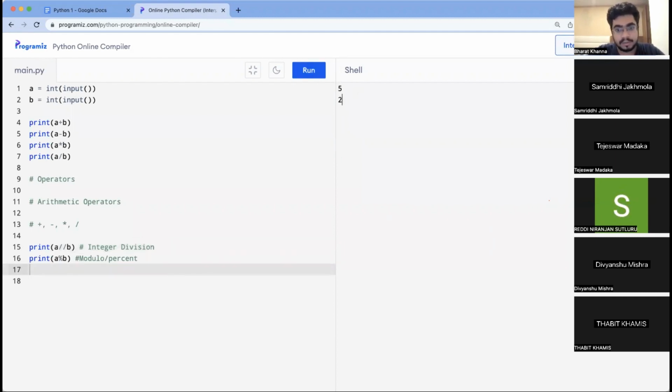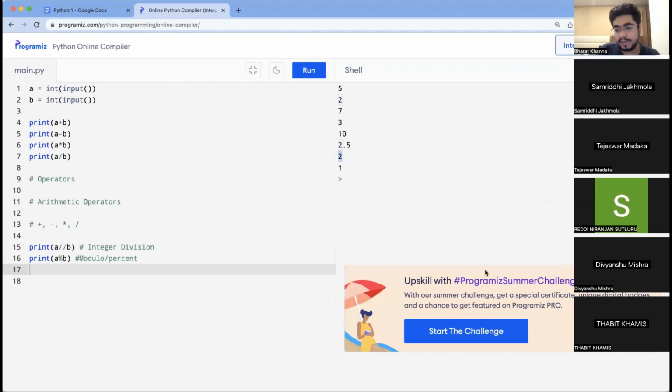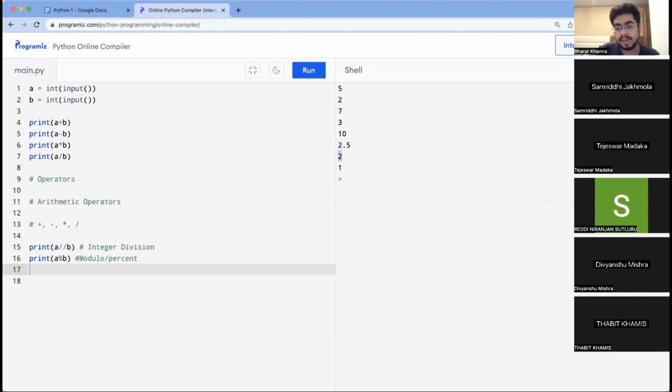Again, give 5 and 2. As you can see, we have got this 2, which is 5 double slash 2, or integer division. And we have got the remainder, which is 1. Is everyone clear with these two operators as well? Double slash for integer division and percentage for modulo for remainder. Yes or no? So far.